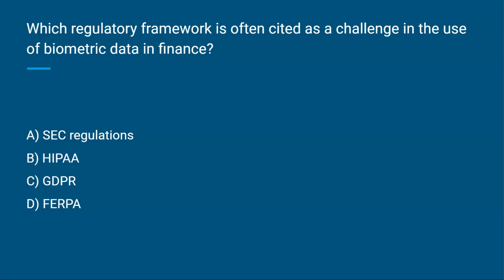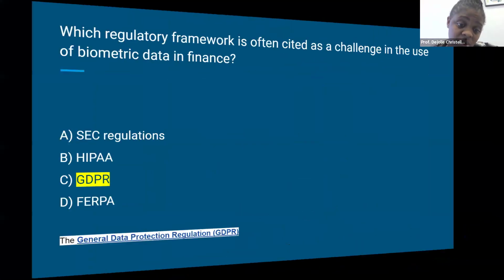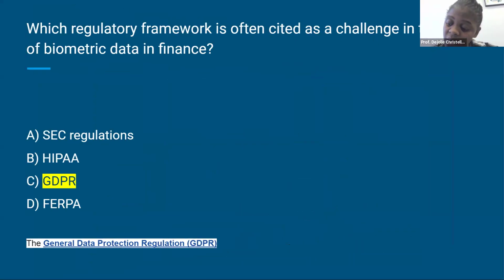The SEC regulation, let's see what the rules are. The SEC is a government organization that sets rules and regulations regarding the issuance, marketing, and trading of securities. So for this question, the answer is actually the GDPR.